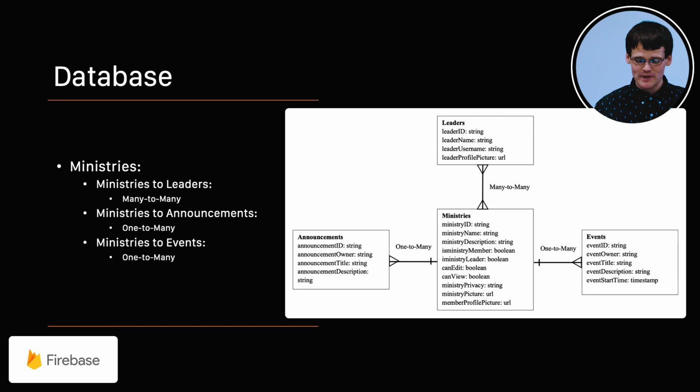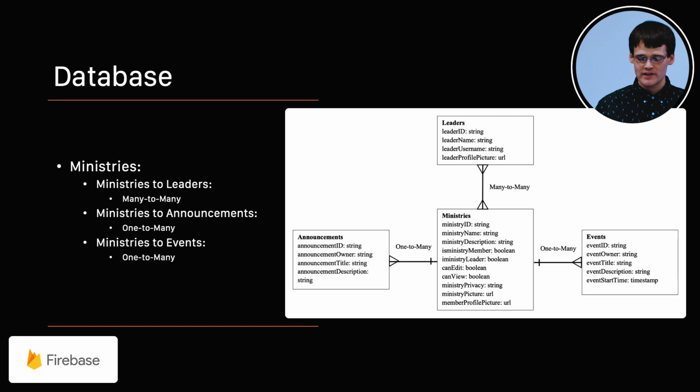And then ministries: we got ministries to leaders, which is many-to-many. We got ministries to announcements, which is one-to-many, and then ministries to events. The ministries are what's driving the application. So you can have a many-to-many relationship with leaders to ministries, a lot of leaders to the one ministry.